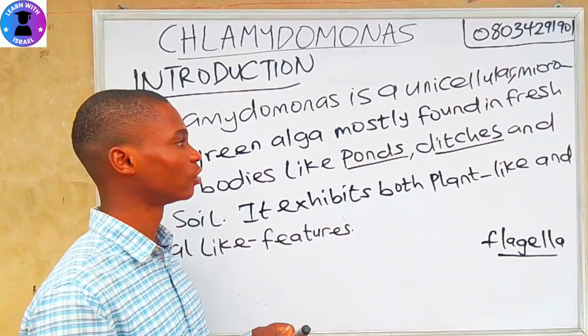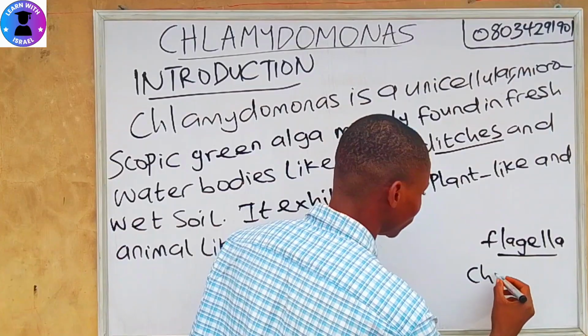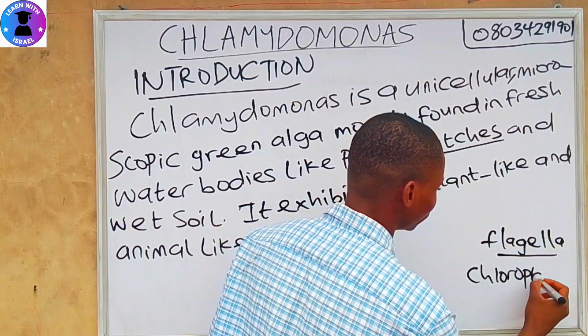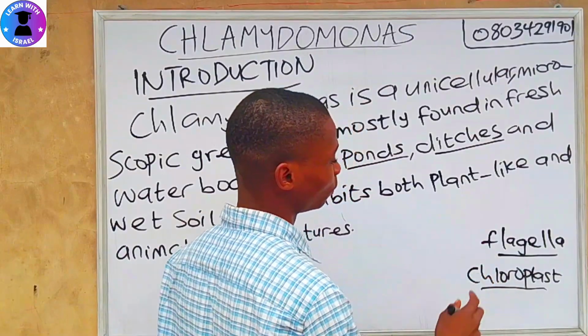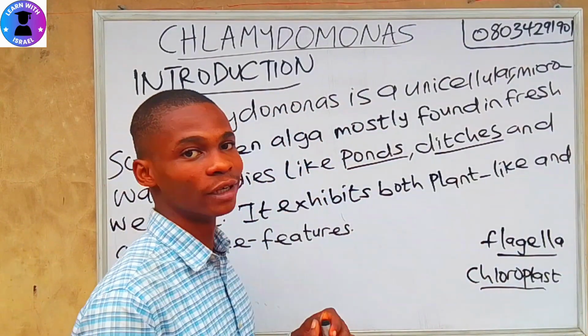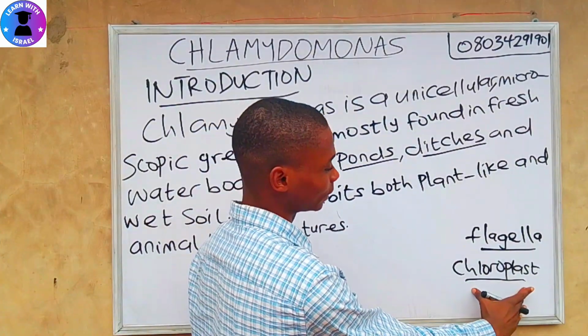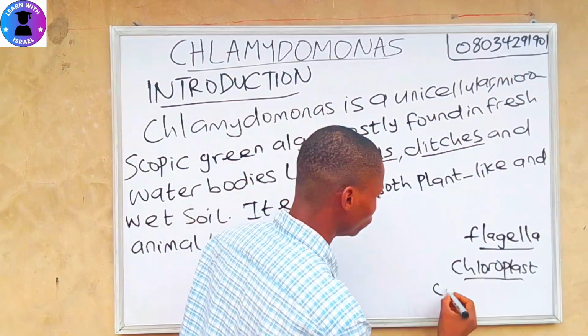Chlamydomonas also possess chloroplast. Once we are labeling the diagram, we are going to see these two parts in Chlamydomonas: chloroplast and chlorophyll.